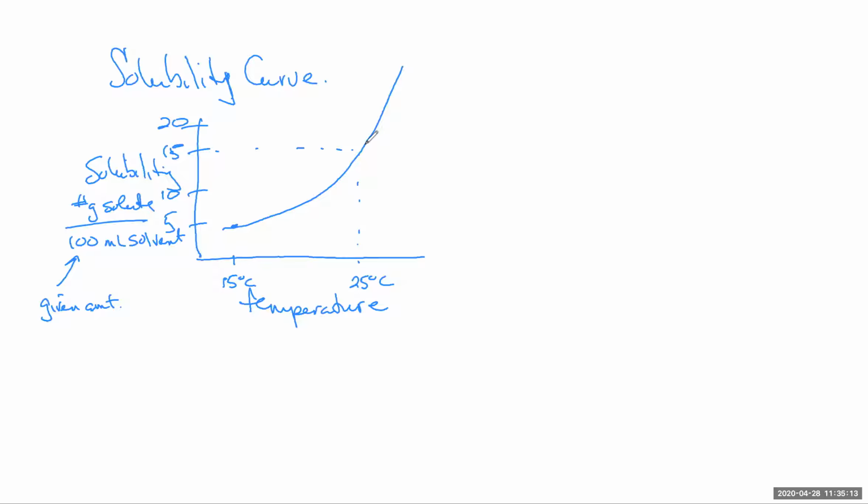Now, if you look at this type of curve, you can actually use different terms for the solutions that would be created. If a solution contains the maximum amount of solute, that solution is said to be saturated.